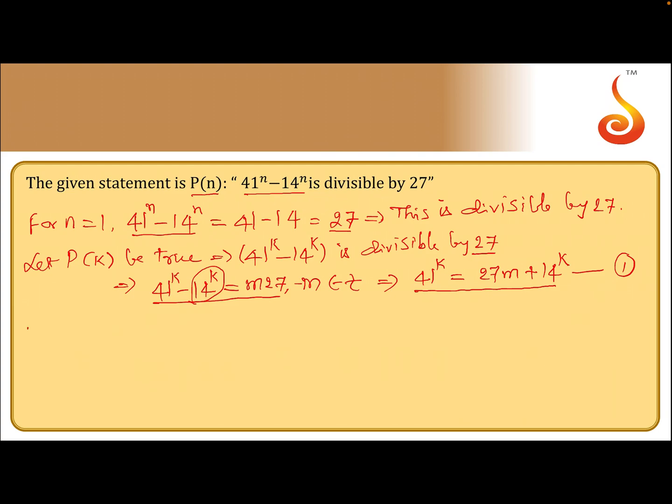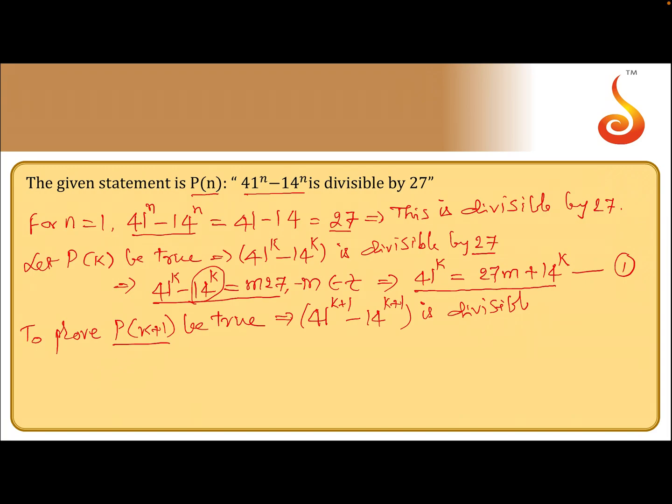Now we have to prove that the statement P(k+1) is true. Let the statement be true for k plus 1. To prove P(k+1) is true, that implies 41 to the power of k plus 1 minus 14 to the power of k plus 1 is divisible by 27.